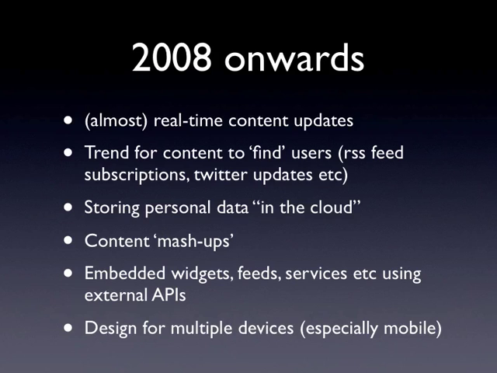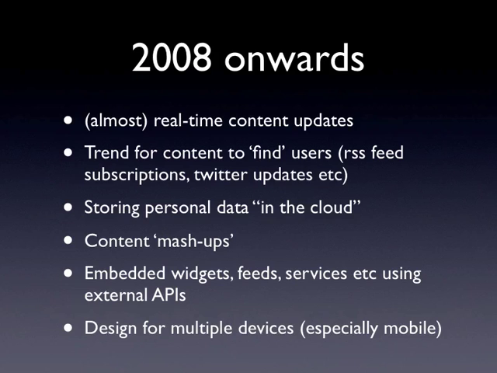Okay, and then 2008 onwards, so basically where we are now. The trends at the moment are the continuing trends that we've been seeing all along: faster networks, more data, more of the time, more people, more user involvement in websites. And the trend for content to start to find users.